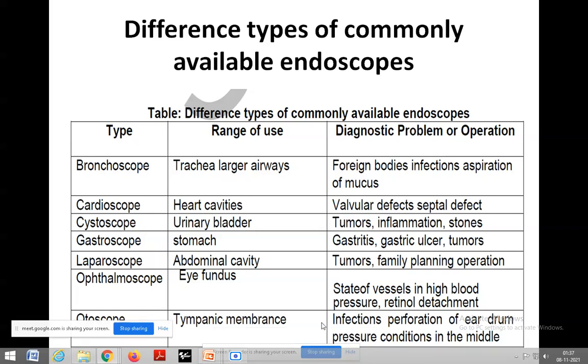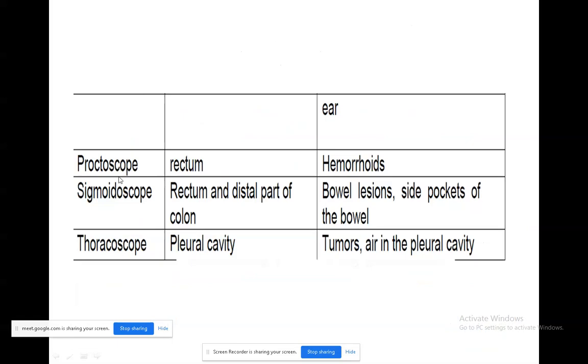Then proctoscope, rectum. I think you all know rectum means large intestine. Below the small intestine, first small intestine, then large intestine, and the end of the large intestine will be called a rectum. Okay, so that is the proctoscope. Sigmoidoscope means rectum as well as colon.